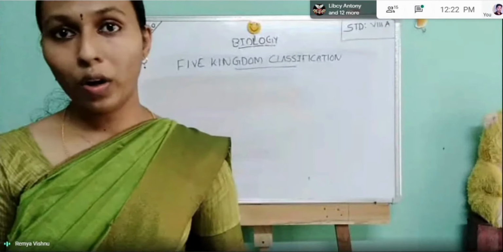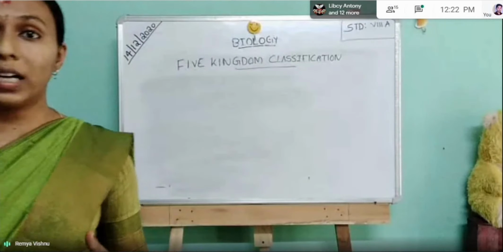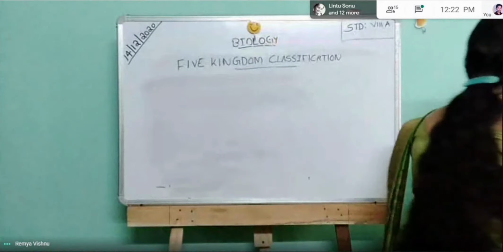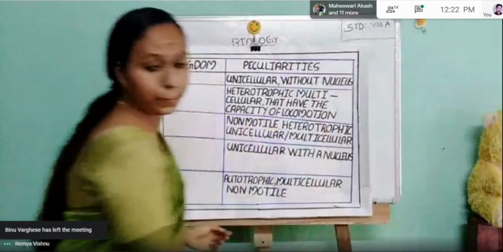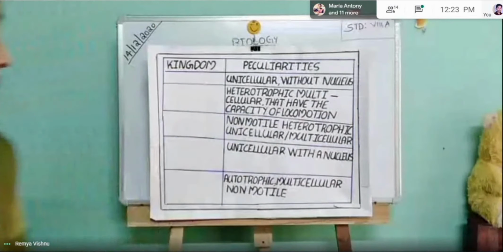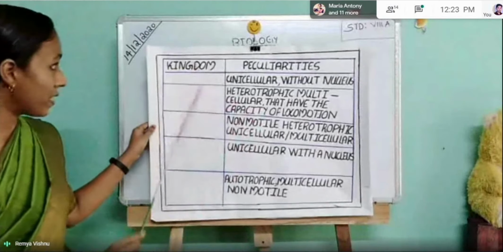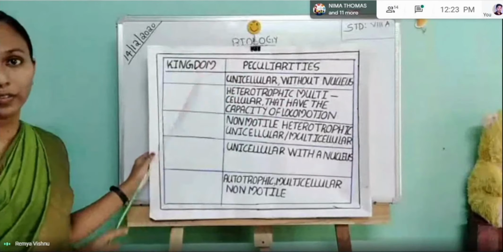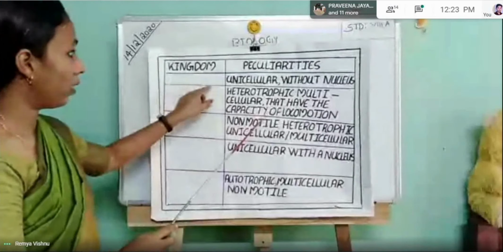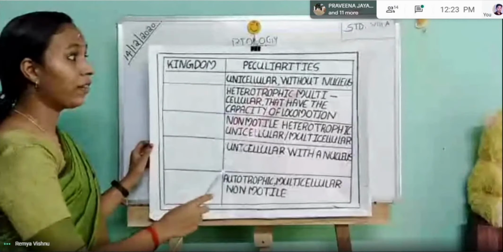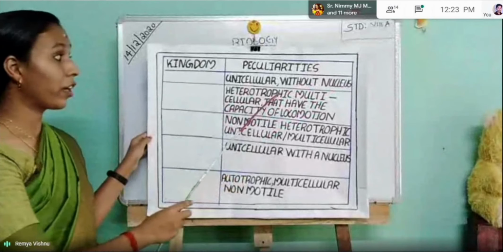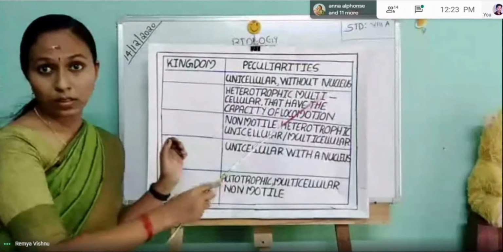Yes. Okay, very good. So let me move on to the final activity. Fill this table. First is name of the kingdom, and the second column is peculiarities of that kingdom. First is unicellular without nucleus. What is kingdom having unicellular organism and without nucleus? Monera.